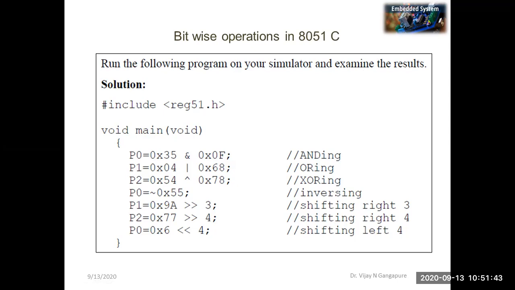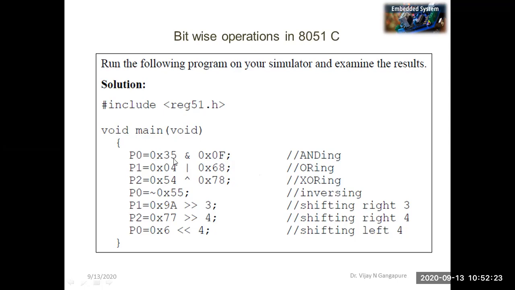So here, #include <reg51.h>. We have included this reg51.h header file. Then void main is written. Now see here, P0 means port 0, which is defined in reg51.h, so that we can use the symbols P0, P1, P2, etc. P0 = 0x35 & 0x0f. A single ampersand means a bitwise AND operation.